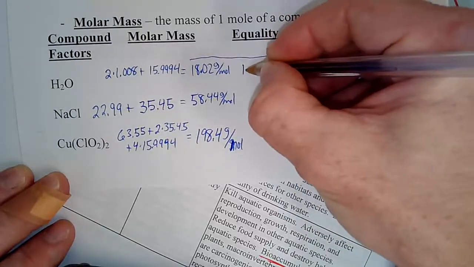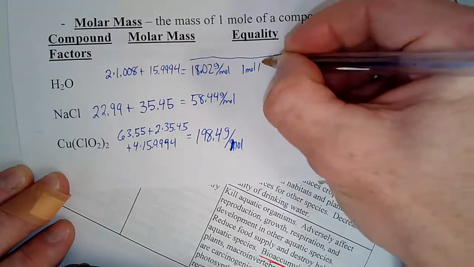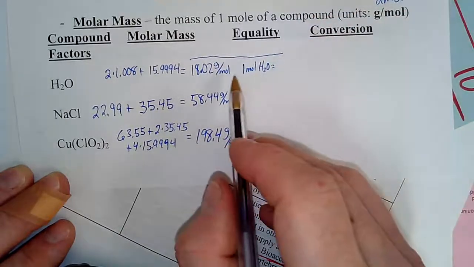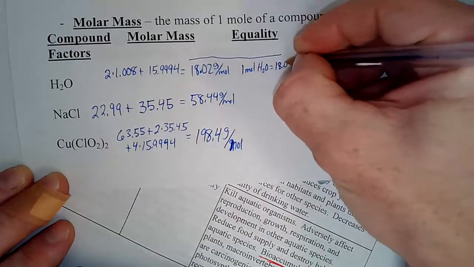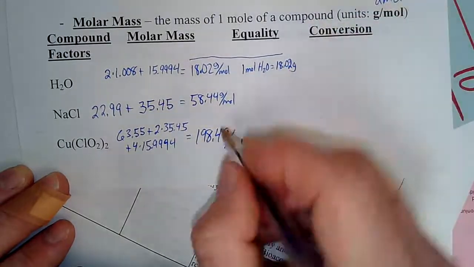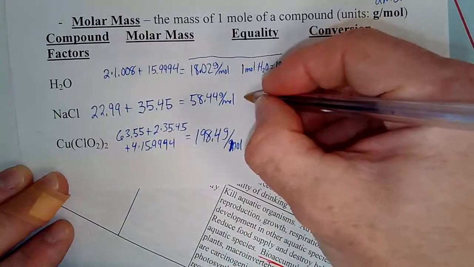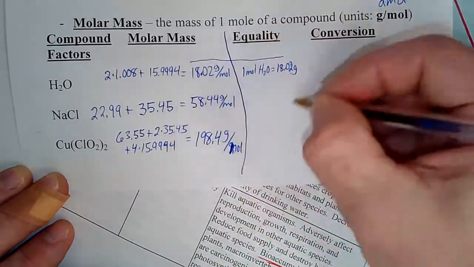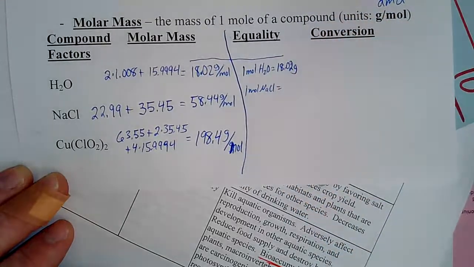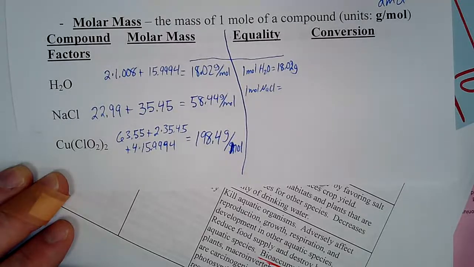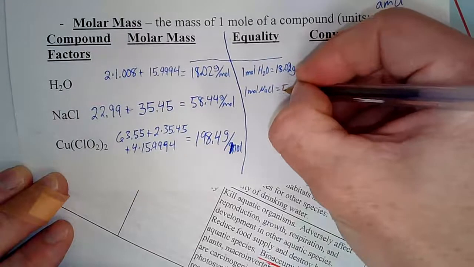All right, so what this is saying is that 1 mole of water equals 18 grams, or 18.02 grams. 1 mole of sodium chloride equals, anybody? 58.44.